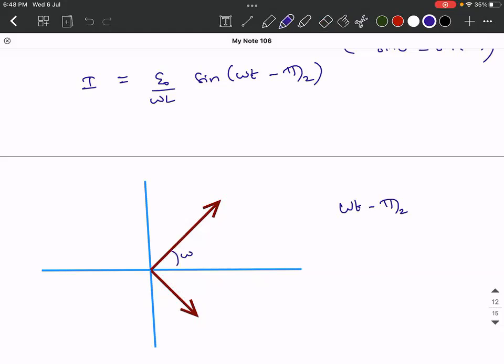This angle is omega t. This angle is pi by 2. Then how much is this angle? Pi by 2 minus omega t. Now this omega t is measured anti-clockwise, so positive. This one is measured clockwise, negative. So I put a minus here. Now this will be omega t minus pi by 2.